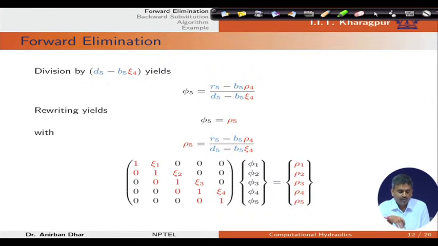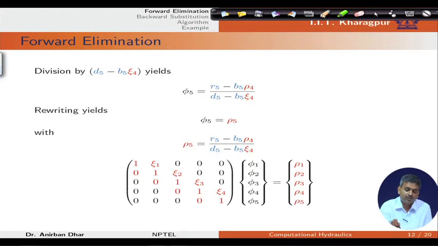So, now we can utilize this form for our backward substitution, because in the last row it is clear that the coefficient is 1, it is multiplied with phi 5 only, other coefficients are 0. So, obviously, phi 5 equals rho 5.